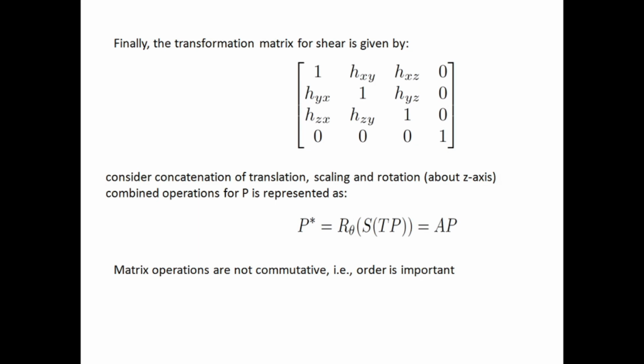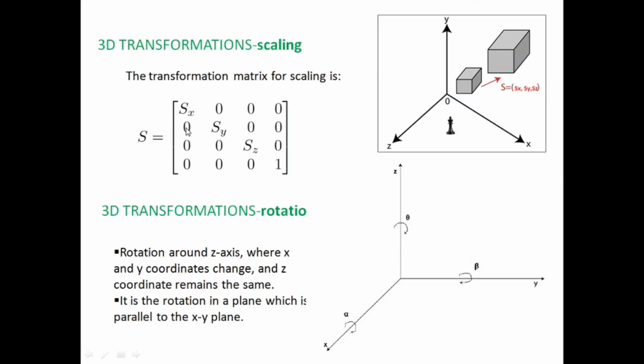Finally, the transformation matrix for the shearing is given by. This shearing I have to discuss actually after the scaling operation. In the scaling operation, I am uniformly scaling x, y as well as z. And of course, if I would like to have a homogeneous expression, I will have it in the form of a 4×4 matrix.